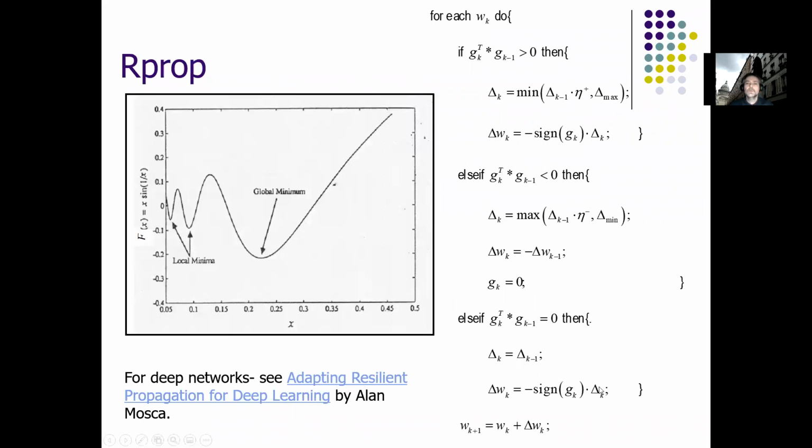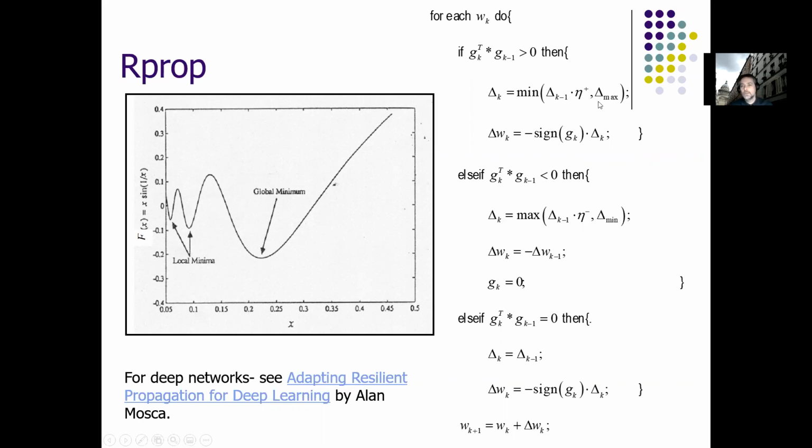This is how the algorithm looks in pseudocode. It will check the product of the two derivatives. If it is bigger than 0, it will select the learning rate with this kind of formula. There is an upper bound because we don't want the values to increase too much.